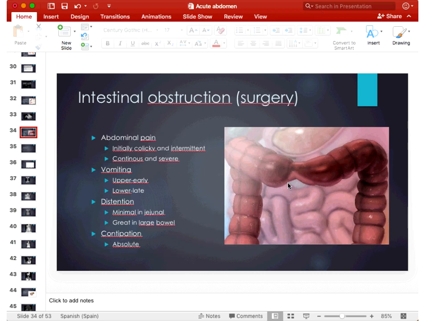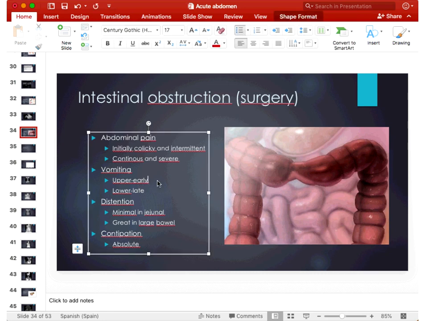You're going to find out that the patient has vomiting, and if the obstruction is in the upper part of the intestine, the vomiting is going to be early in its course. And if you're talking about the large intestine, it may not have any vomit at all.